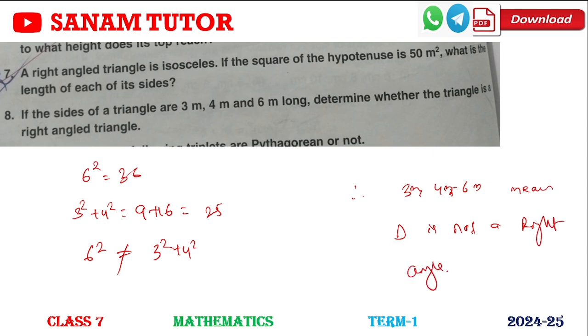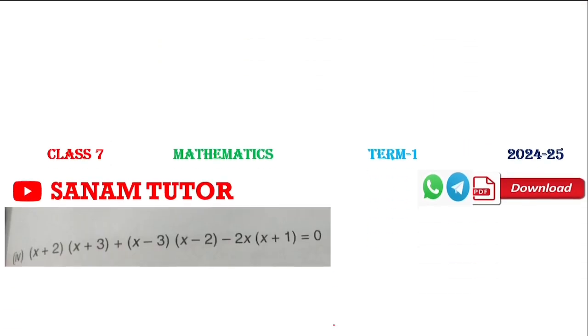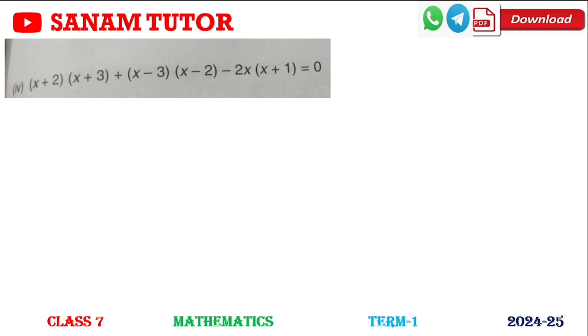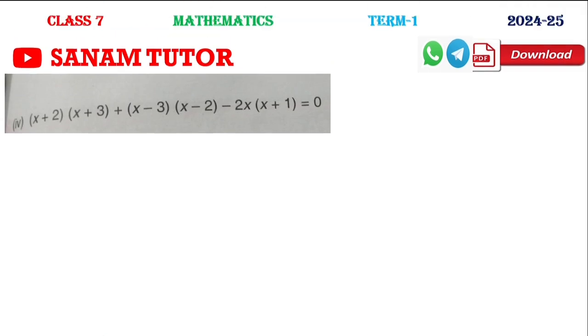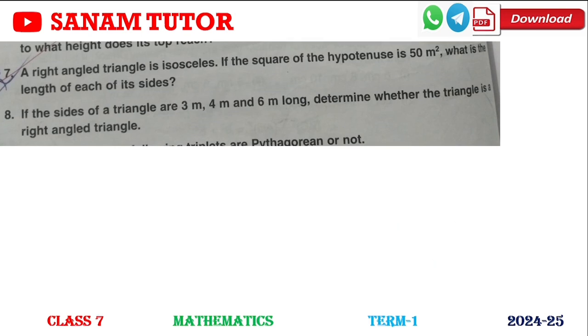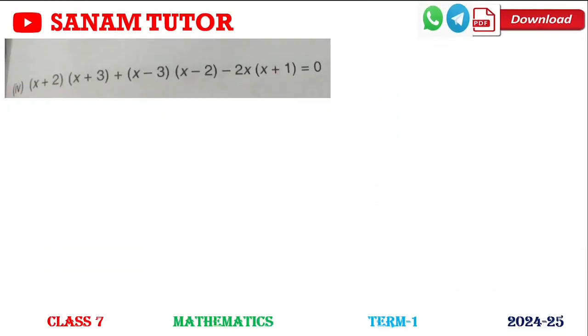Okay. Next question. X plus 2 whole into x plus 3, plus x minus 3 whole into x minus 2, minus 2x into x plus 1 equal to 0. Okay, so solve. First we write down x into x plus 3 plus 2 into x plus 3. Again x into x minus 2 and minus 3 into x minus 2.